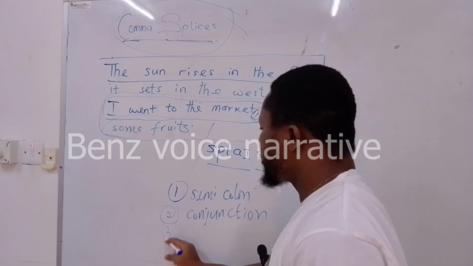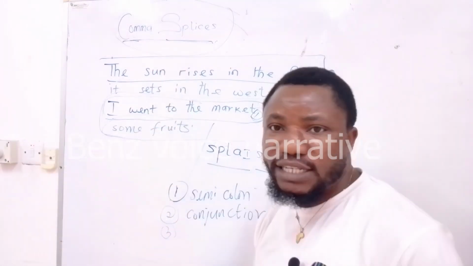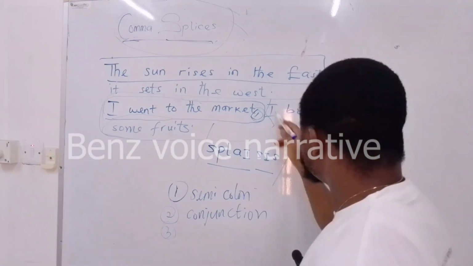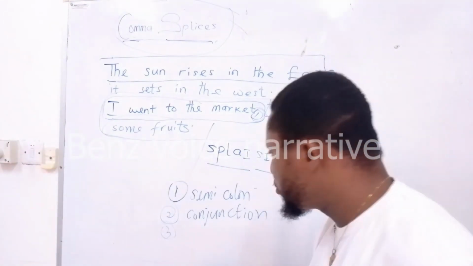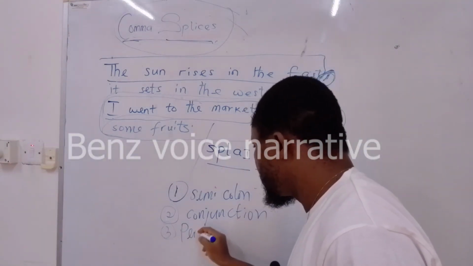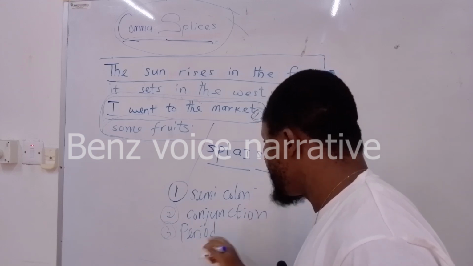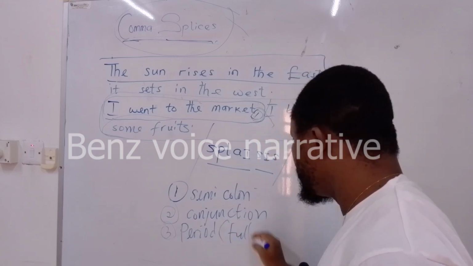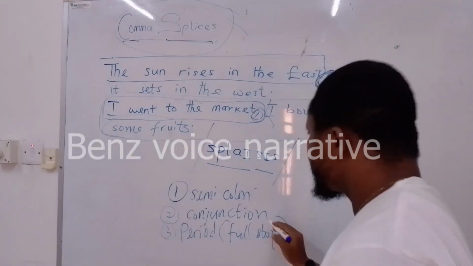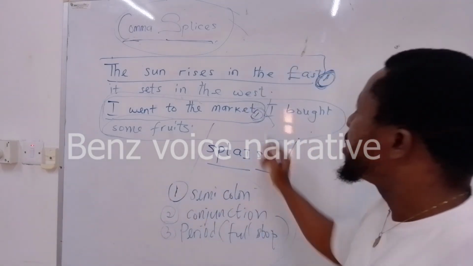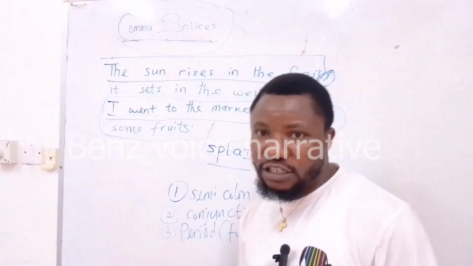Number three, the third way is to remove the comma and introduce a period. A period is a full stop. So these are the three ways to correct comma splices in the English language.